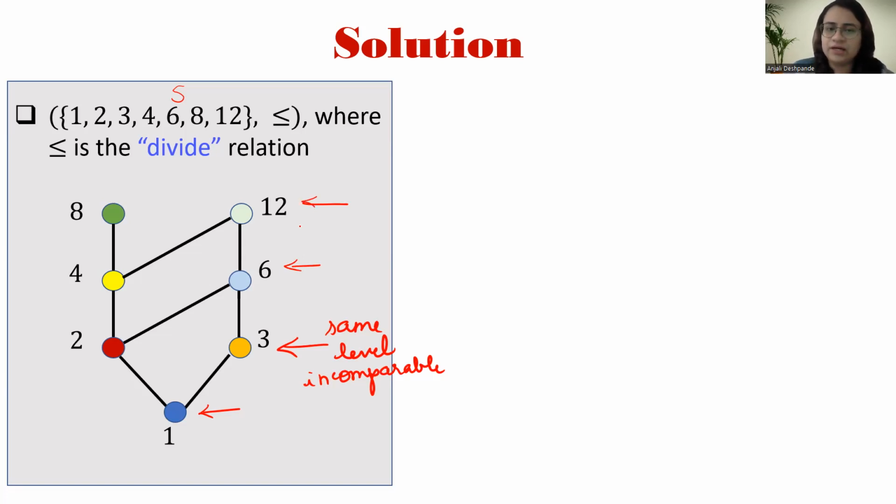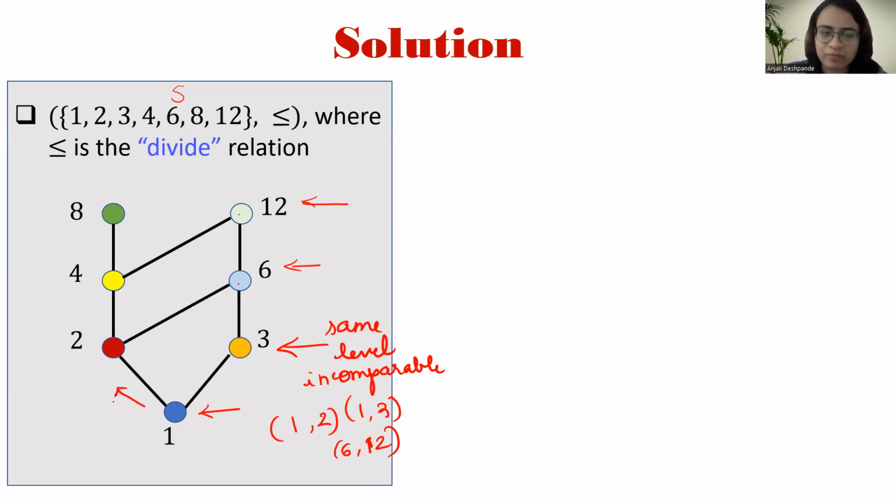So this is your divides relation Hasse diagram, and you can observe that if I can reach from 1 to 2, that means 1 is related to 2, 1 is related to 3. Again, 6 is at the bottom of 12, so I can write 6 is related to 12, which is a tuple in my relation, and so on.